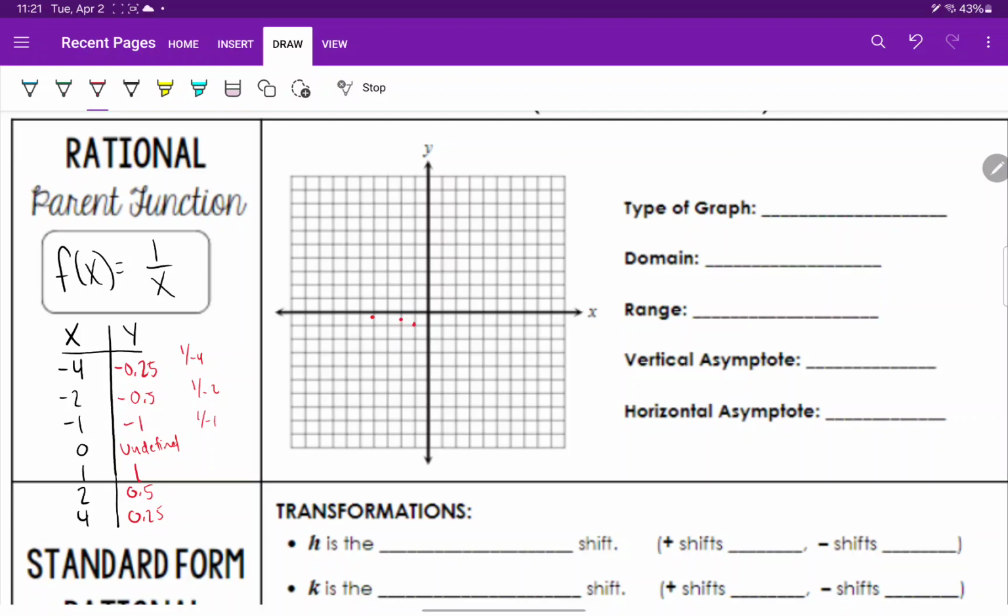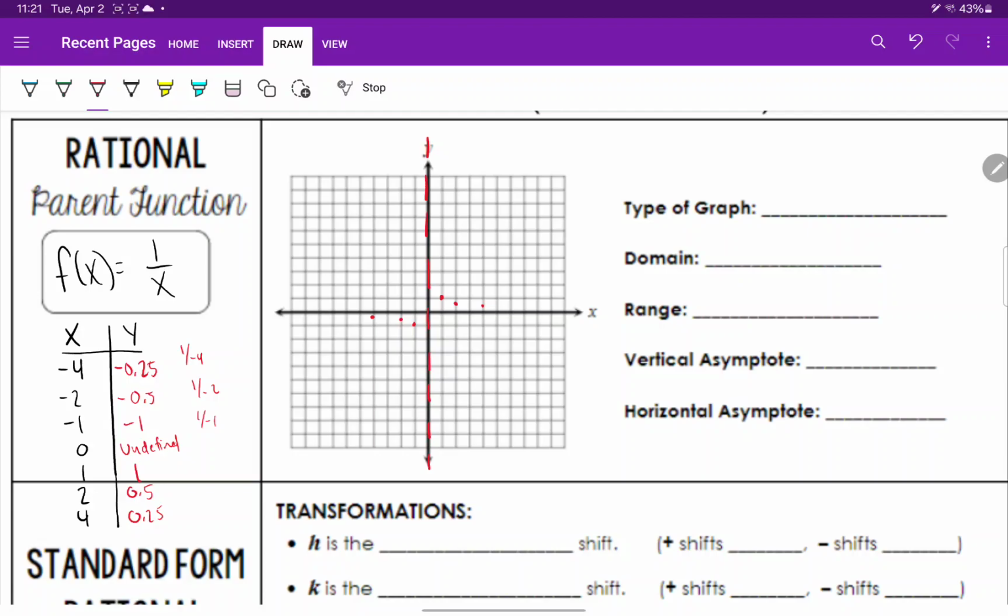And then it's undefined. Undefined means it's an asymptote, so we have this dashed line I'm drawing here for you. And then on the other side, we have 1, 1, 2, 0.5, and 4, 0.25.